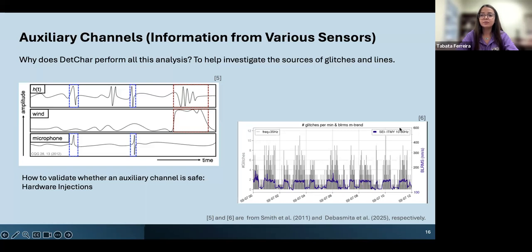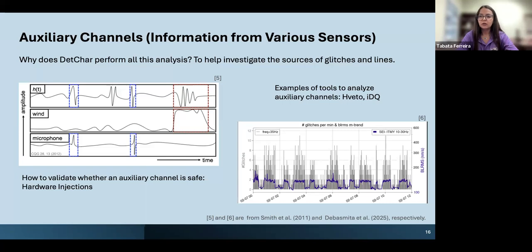In this case, we are plotting the motion in a frequency between 10 and 30 hertz. As we can see, the increase of glitches clearly matches variations in the seismometer. So in this case, we have some indication of the source of what is causing those glitches in the detector.